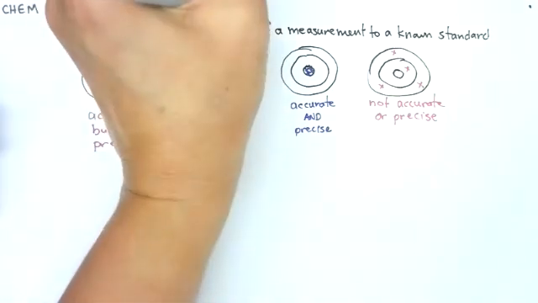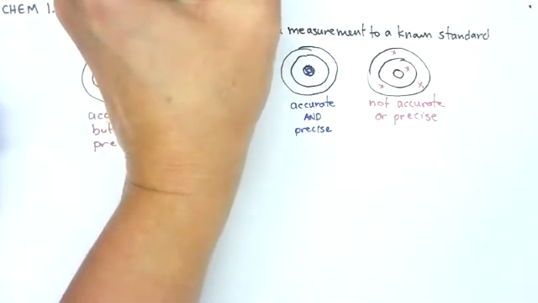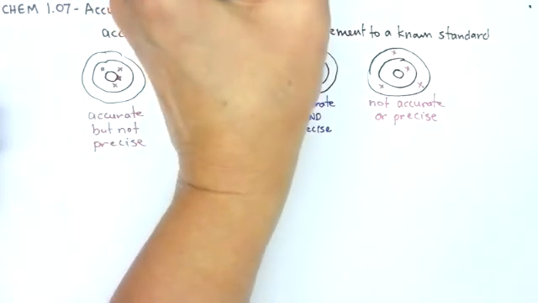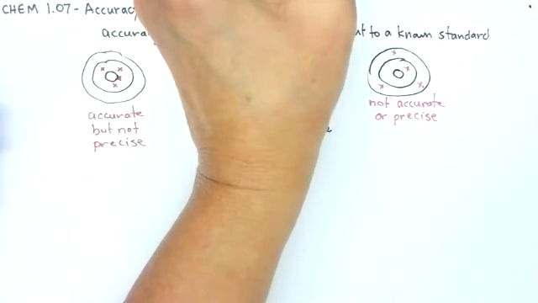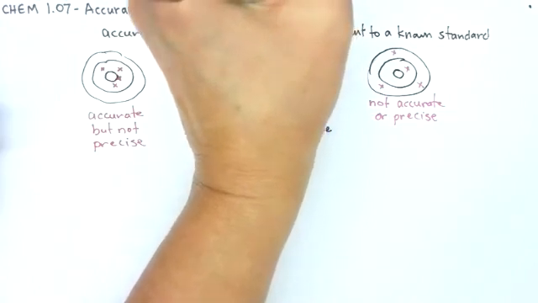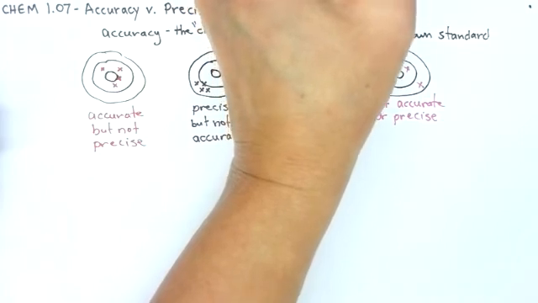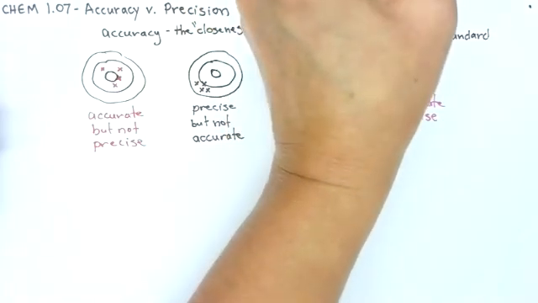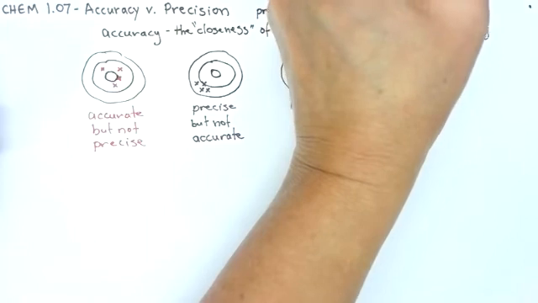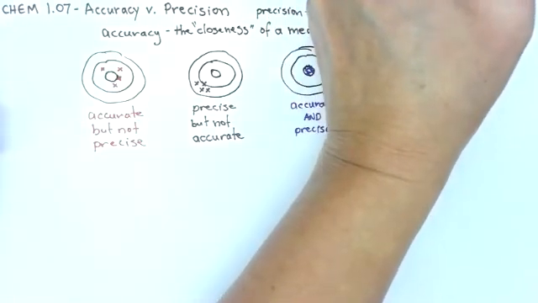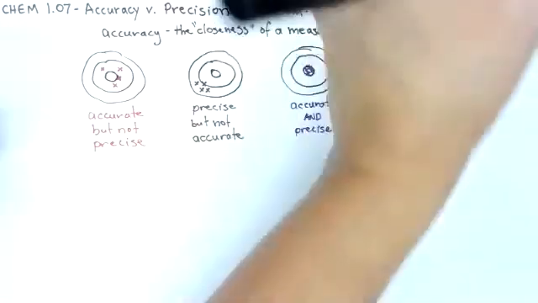Precision is the closeness of a set of measurements to each other.